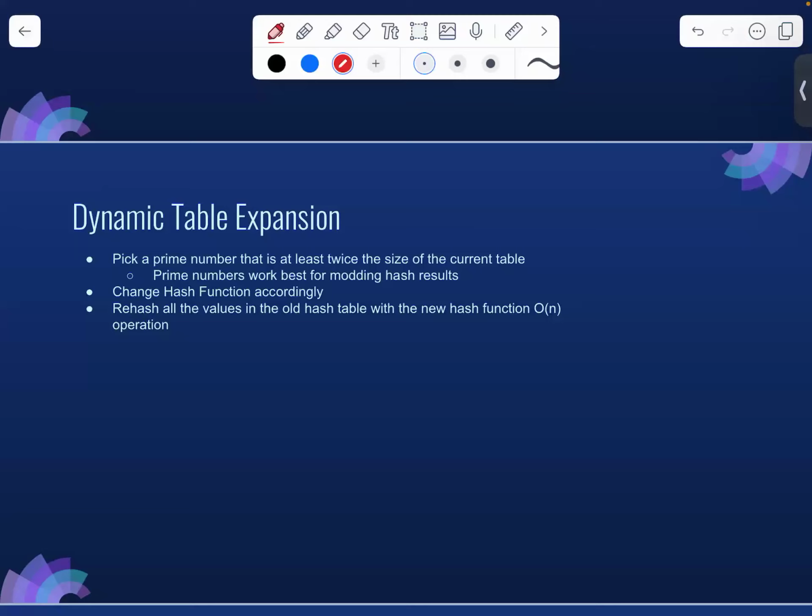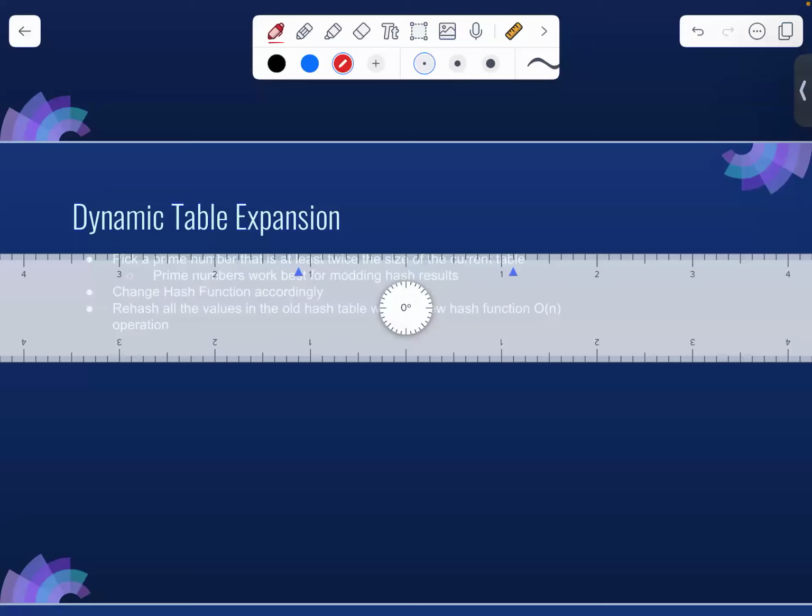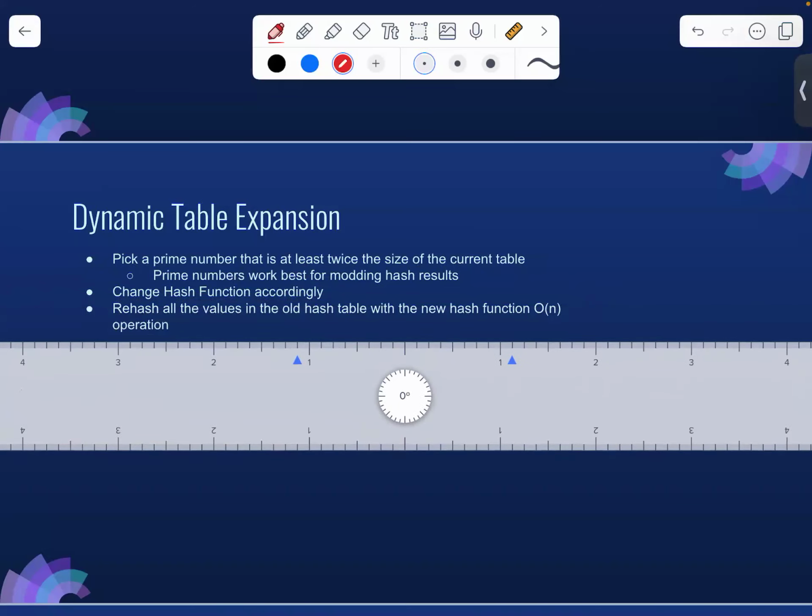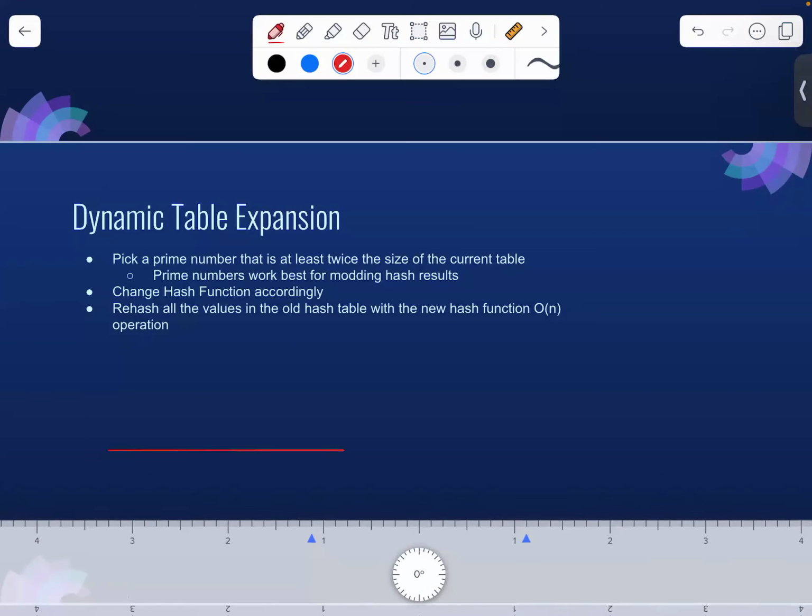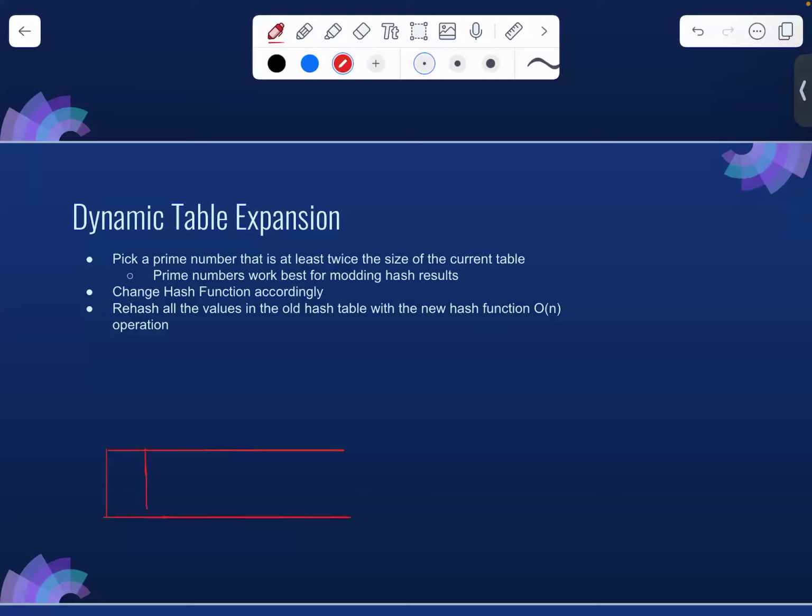So let's say we have an array. Busting out the ruler. Say we have an array of 5 elements, and it's filled with, say, our values here.